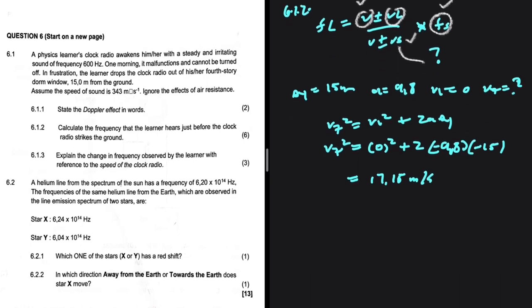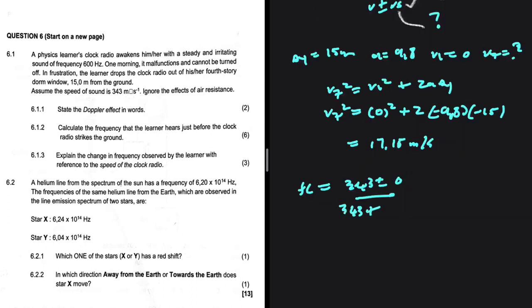So we can go ahead and substitute now. FL is equal to 343 plus or minus 0, divided by 343 plus the velocity of the source. The source is moving away, so we're supposed to have a plus sign on the denominator.